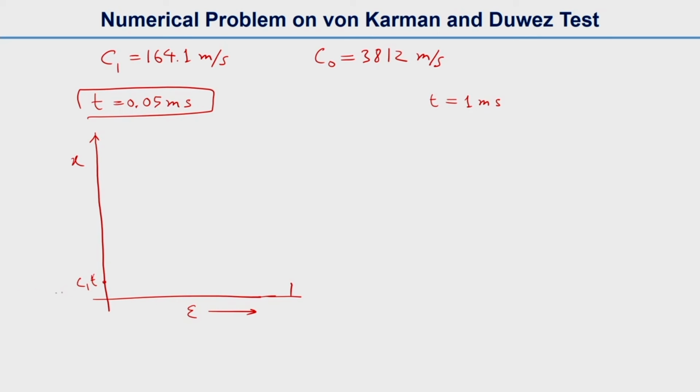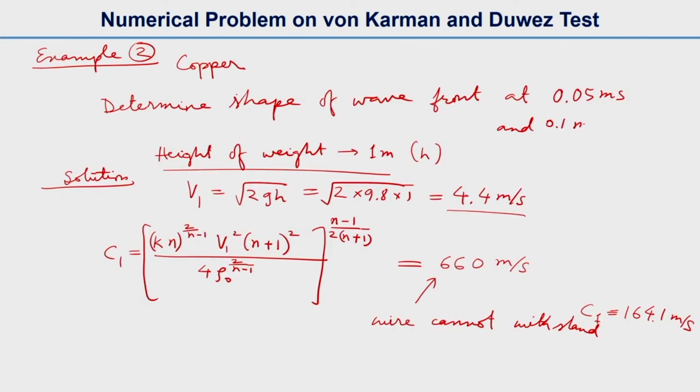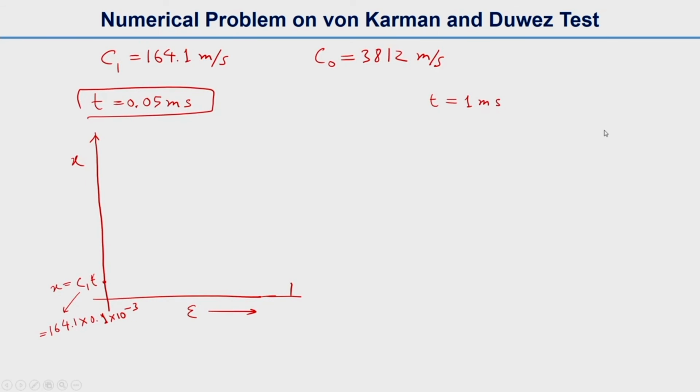So this will give x equal to C1 multiplied by t, that means 164.1 times 0.1 into 10 to the power minus 3. Sorry, I made a mistake here. 0.1 millisecond, not 1 millisecond. So this is 0.1 and this is 0.05 millisecond. Okay, that's correct now.